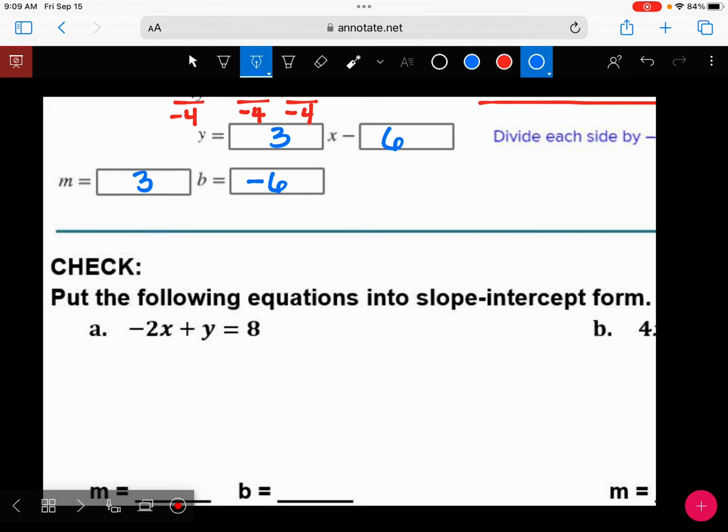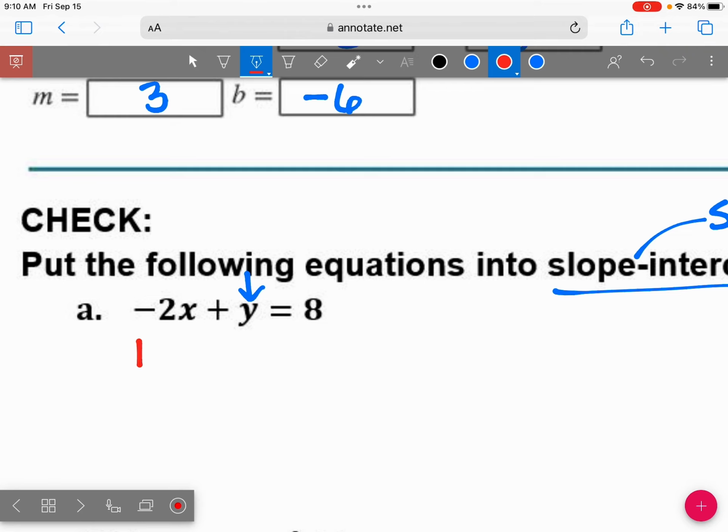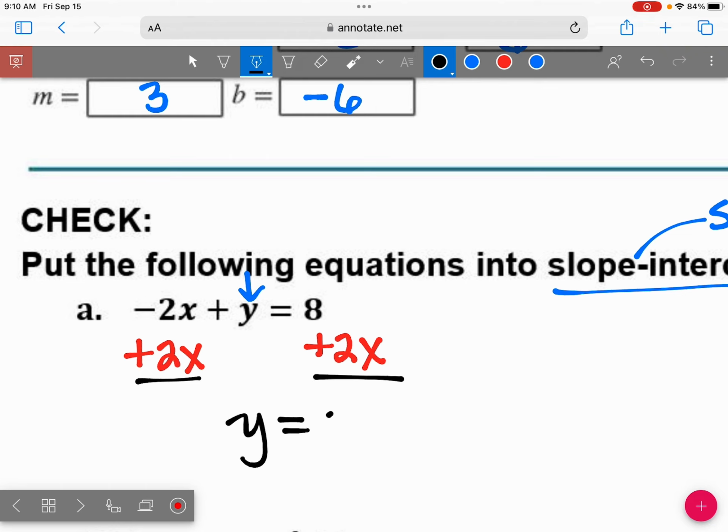So let's go ahead. Remember, slope-intercept form means we're going to solve for y. All right, so for this first one, this is my y. The only thing I have to move is that -2x. And if it's negative, then I'm going to add it. So I'm adding 2x to both sides, which gives me y equals 2x plus 8.